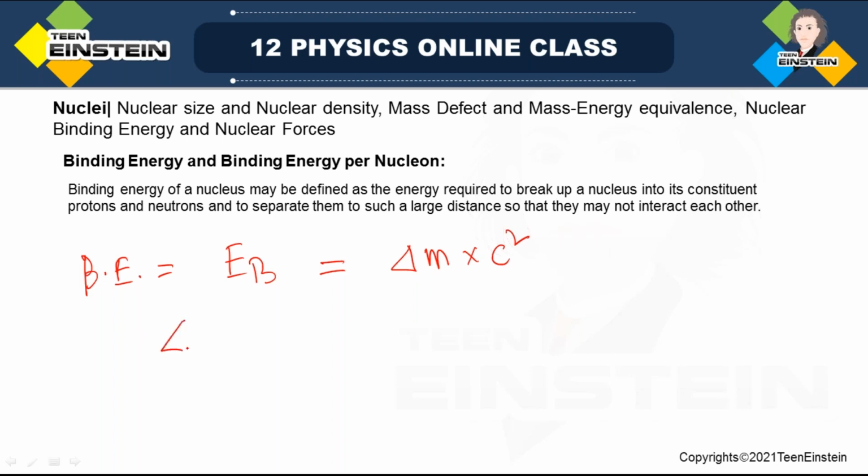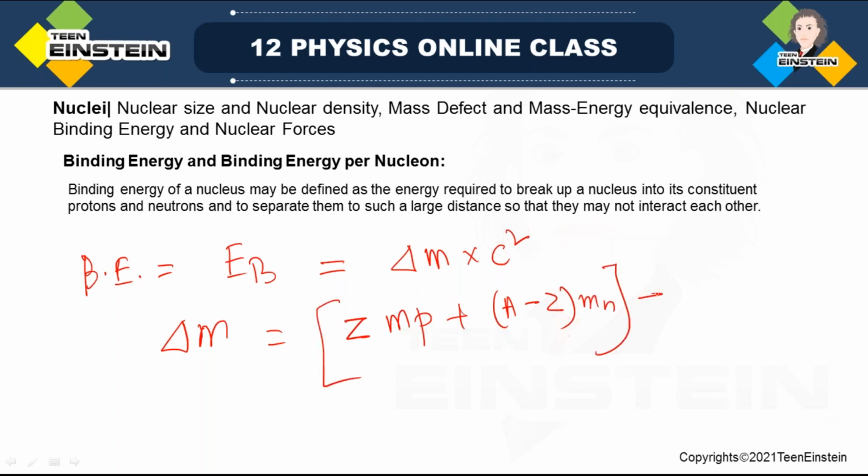So what was the mass defect for that particular nucleus? It was Z into Mp plus (A minus Z) into Mn, minus the mass of the nucleus, let me write it as Mn. This is the delta M. Now what is Eb?